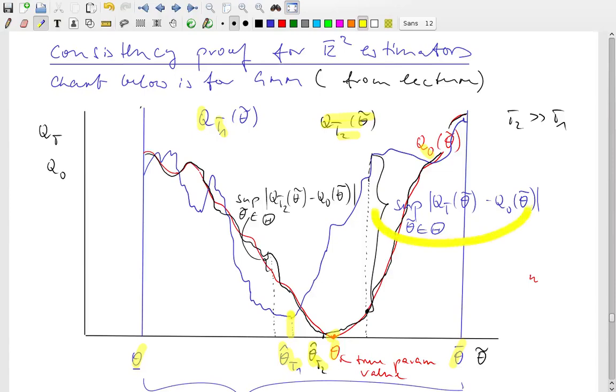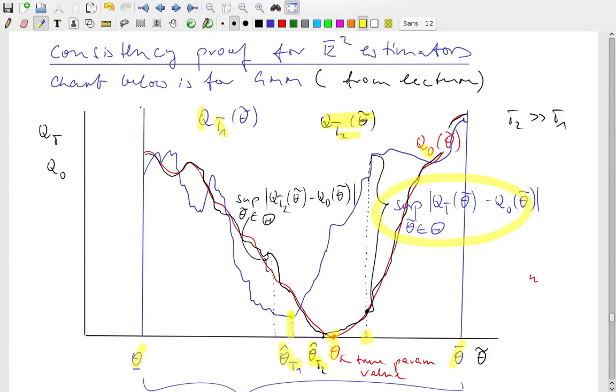These are the suprema that we've depicted in the plot. That is, at this point down here somewhere, that's the biggest difference between the blue curve and the red curve across all the values of the parameter space. It's the supremum, the smallest upper bound, mathematically speaking, of that difference.